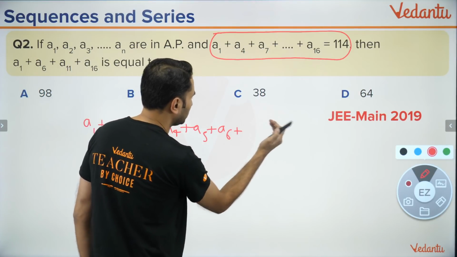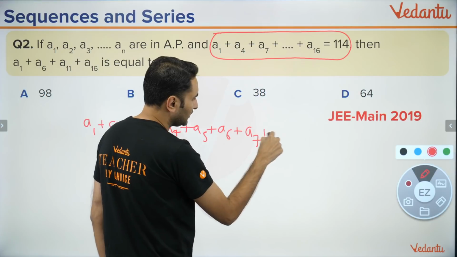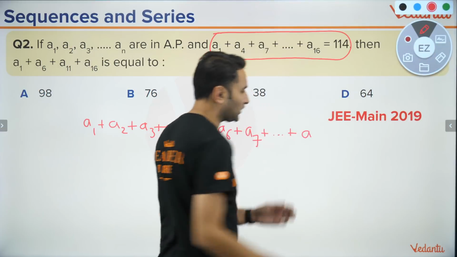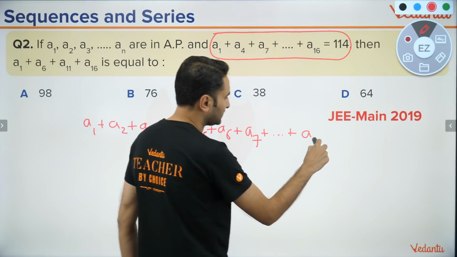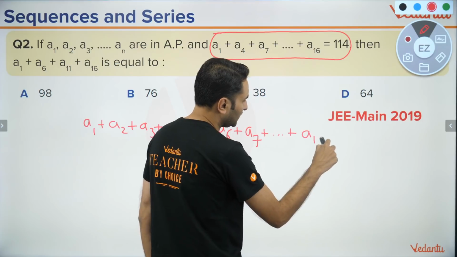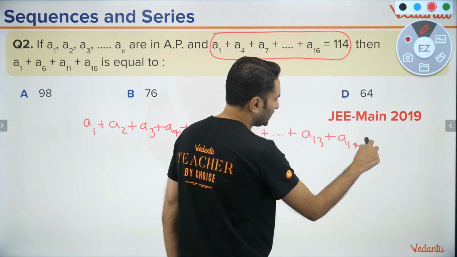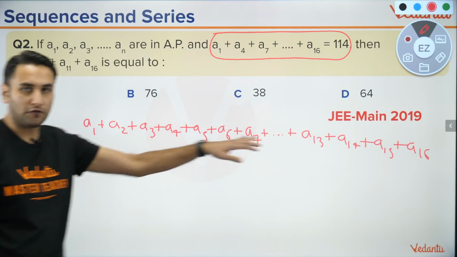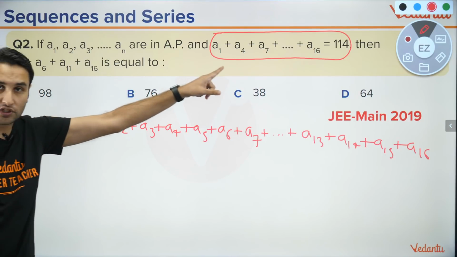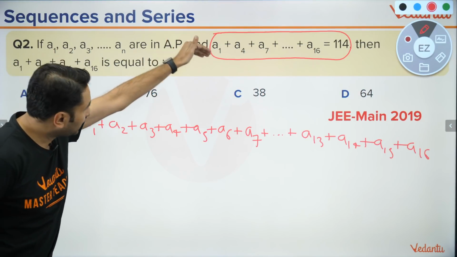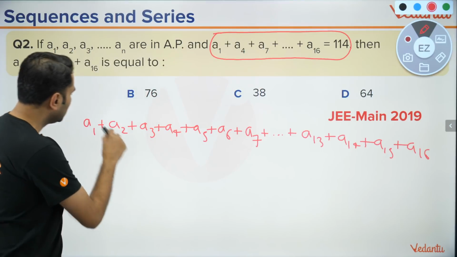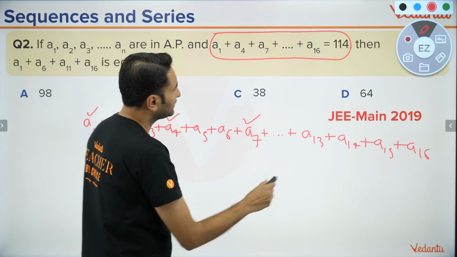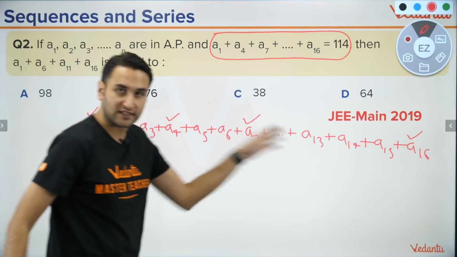And so on. ऐसे लिखूं just to help you visualize. इतना लिखने की जरूरत नहीं है, but to help you visualize. Say 13, 14, 15, 16. This is the sum of all the terms. But what is the question? The sum of first, fourth, seventh. मतलब बच्चों किस किस का summation हो रहा है?